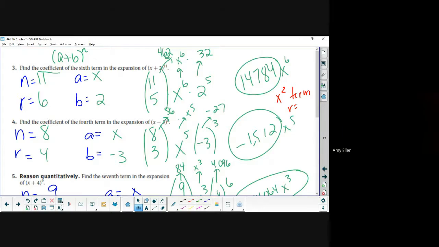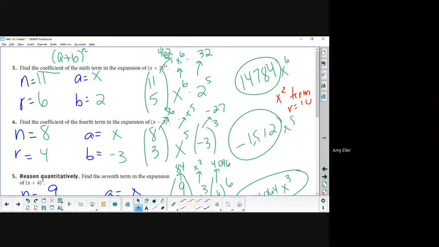What did we get? Okay. The first term is x to the 11th, 10, 9, 8, 7, 6, 5, 4, 3, 2, x to the second, 10th term.